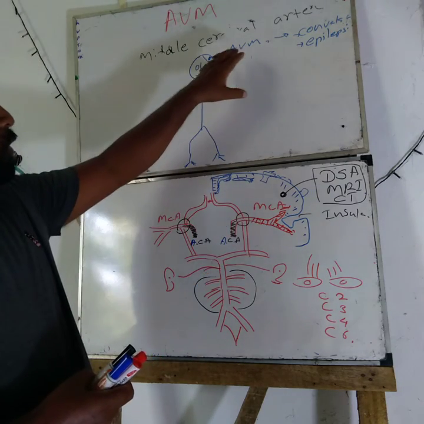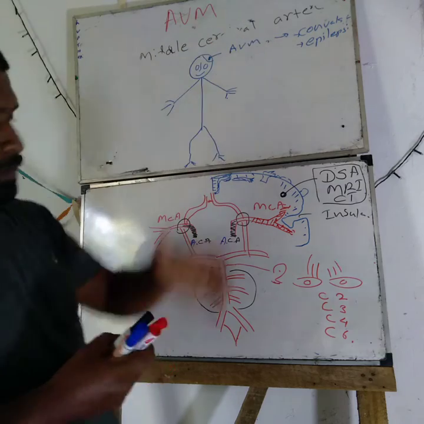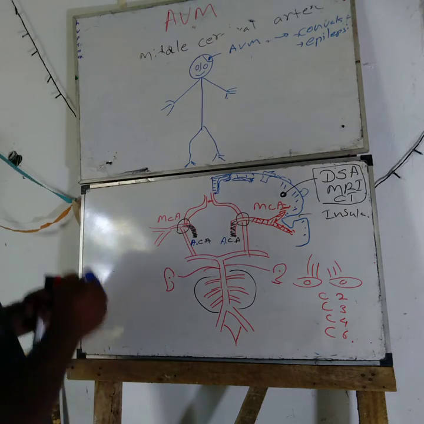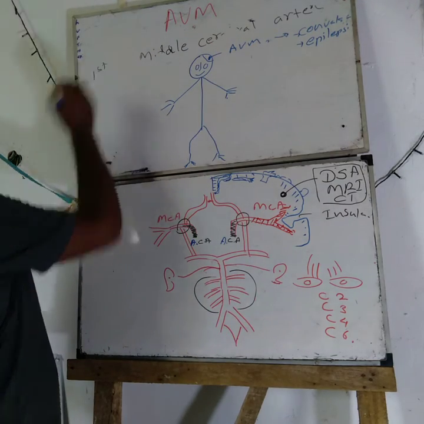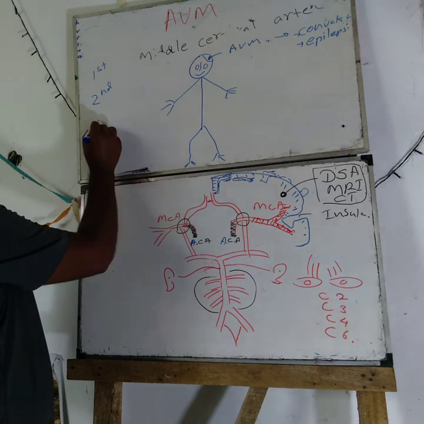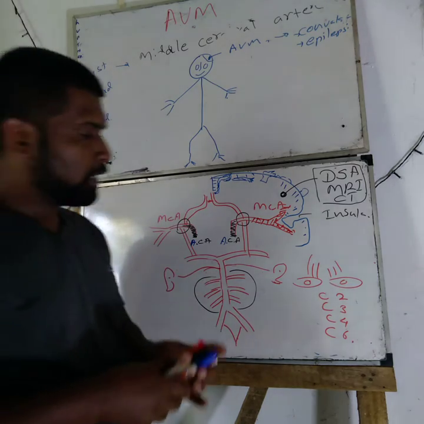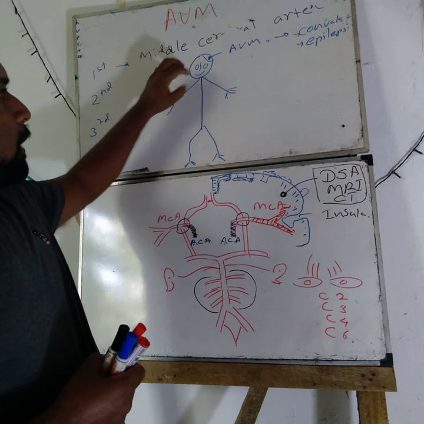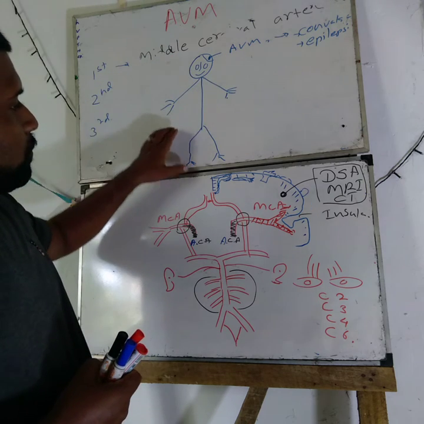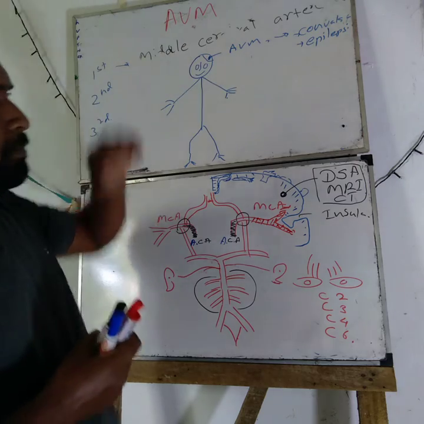Then due to the AVM blast, there is a first situation, a second situation and a third situation. In the first, we identify the AVM: the paralysis of the arm, paralysis of the leg, some form of speech problem, some form of visual problem.